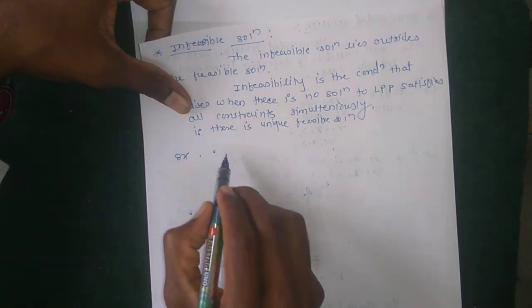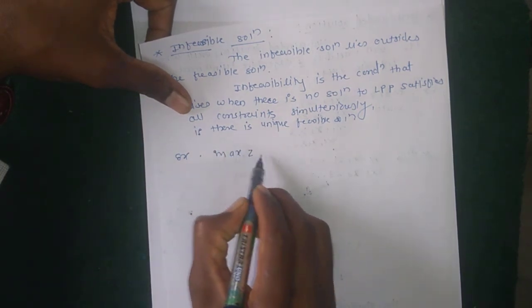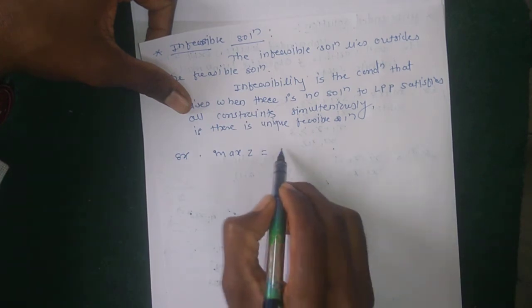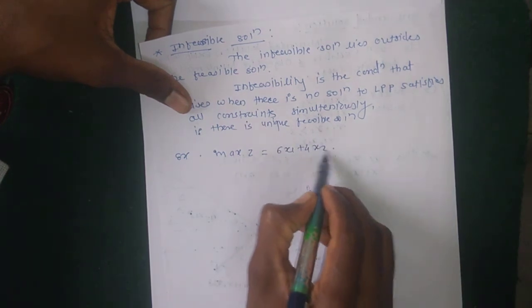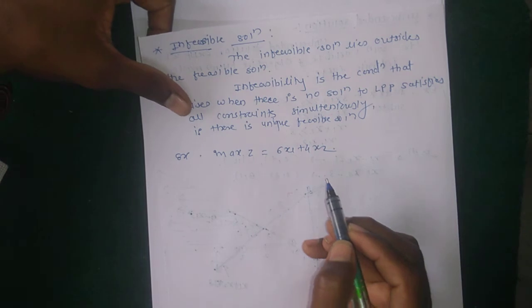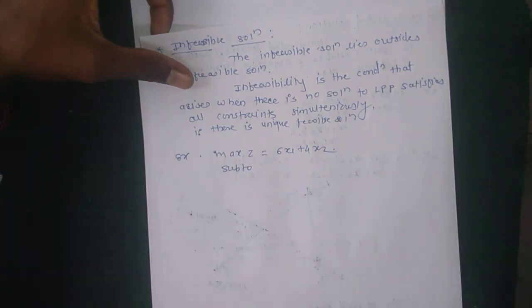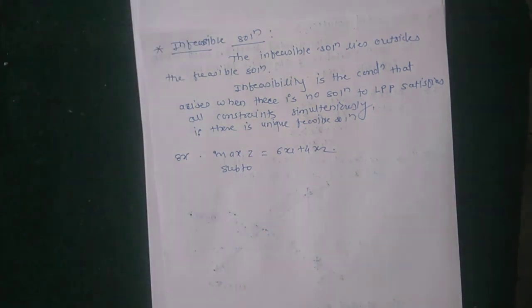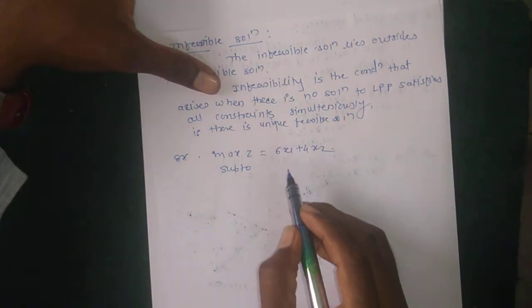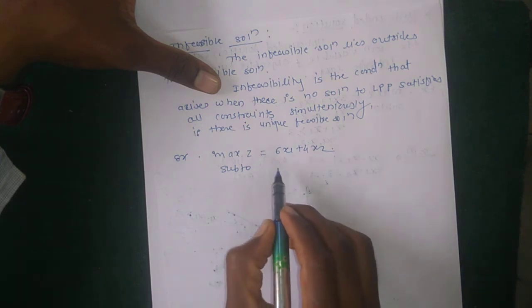Here suppose maximize z equal to 6x1 plus 4x2 subject to the constraints.